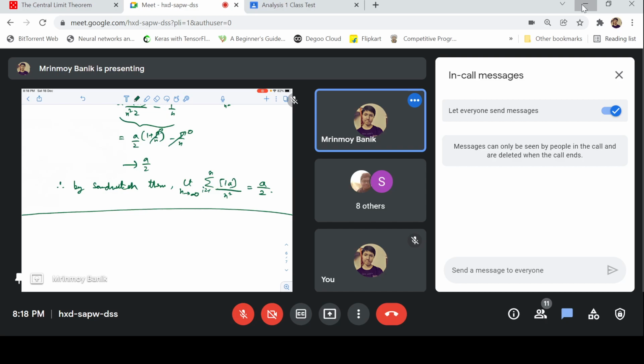So here again we will use the proof by contradiction method. Assume the contrary, that f of xn doesn't converge to f of a.